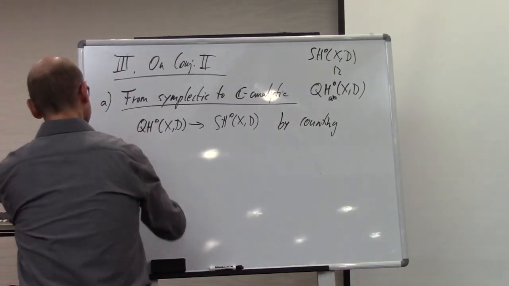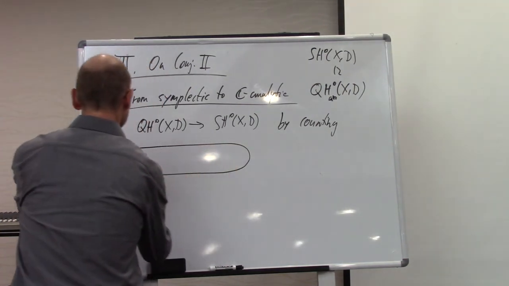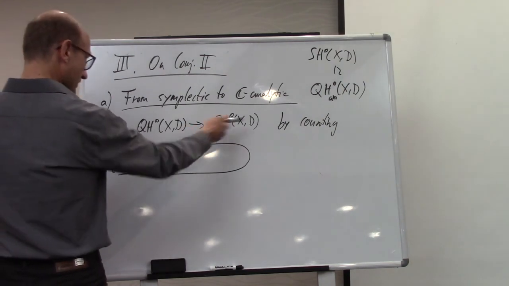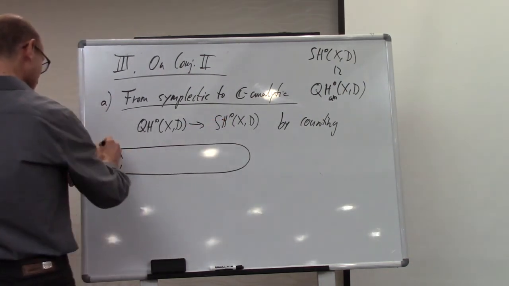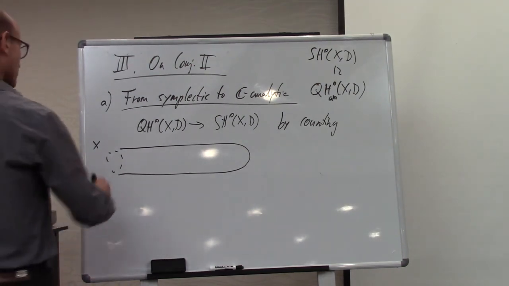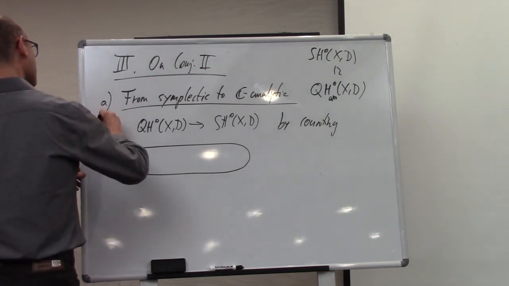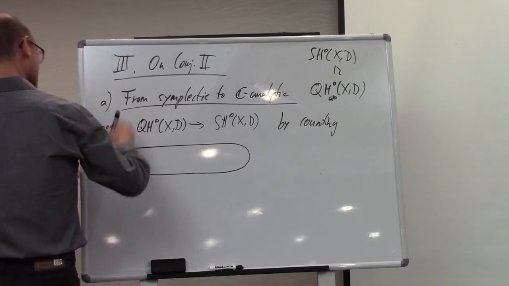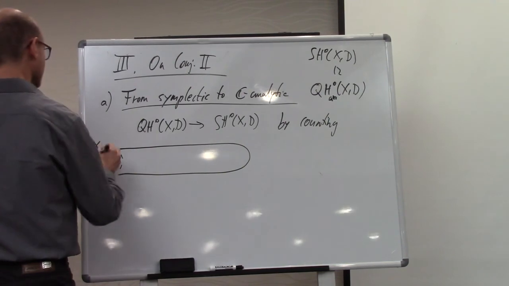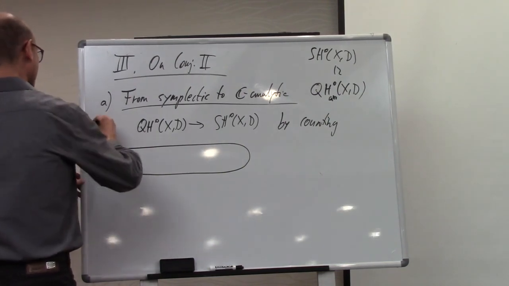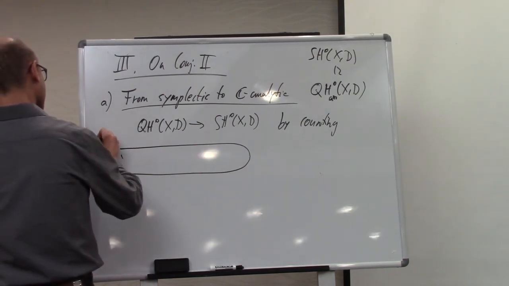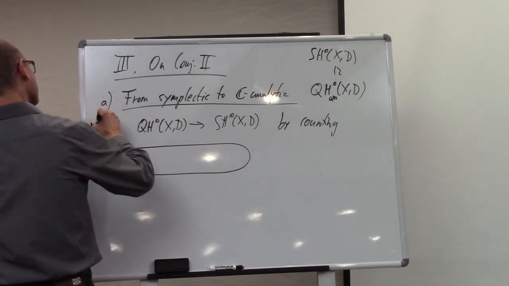So that would start with a kind of cigar-like picture. Confusingly, of course, the output comes in here, so that would be one periodic orbit. Let's call it Z or something, okay? So this would be a periodic orbit.